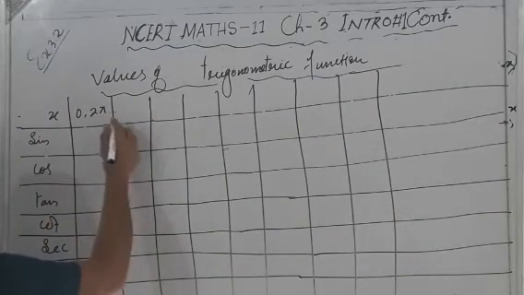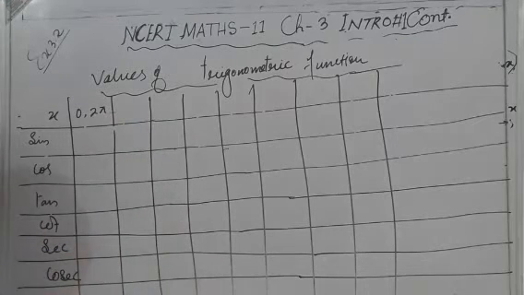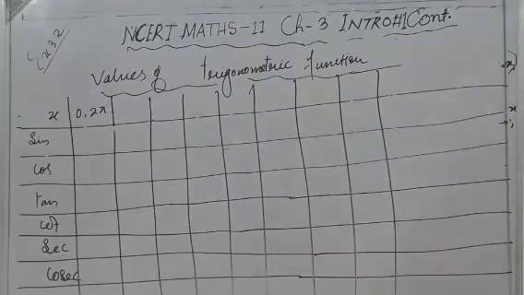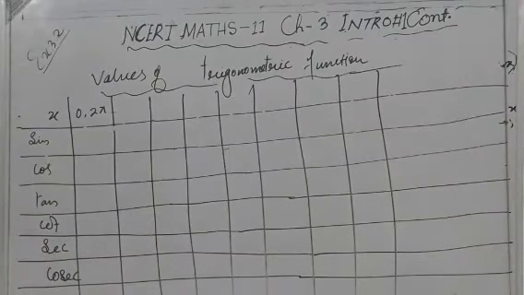That means next after 0 what comes? 0, 2 pi, and then 30. Yes or no? 30. Am I right? Yes. 5 by 6.